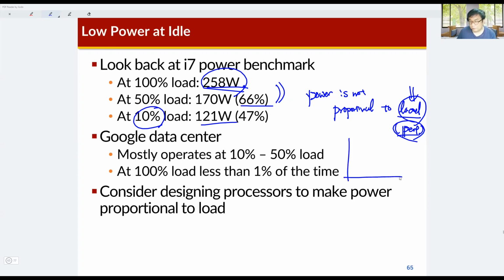So if we want to achieve the highest efficiency on the server system, we can just maintain the target server load at 100%, because if the target load is 50%, the power consumption is still 66% of the maximum power.